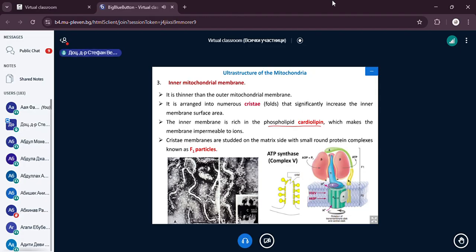And this cardiolipin is an unusual phospholipid. This phospholipid contains not 2 but 4 fatty acids in its molecule, and probably that's why this inner membrane appears to be very rigid and impermeable, mostly because of the presence of this cardiolipin.